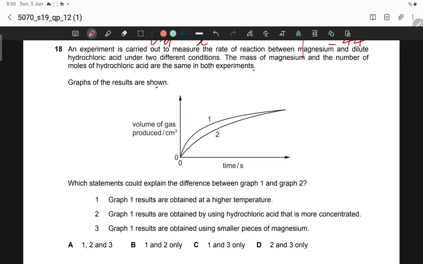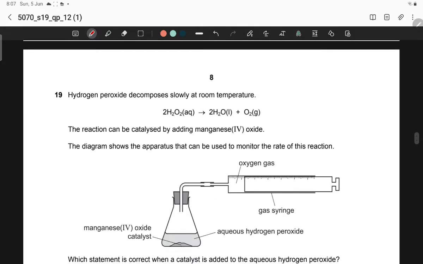Graph 1 results are obtained at higher temperature. This is correct. Graph 1 results are obtained by using hydrochloric acid that is more concentrated. Correct. Graph 1 results are obtained using smaller pieces of magnesium. Option A is correct.